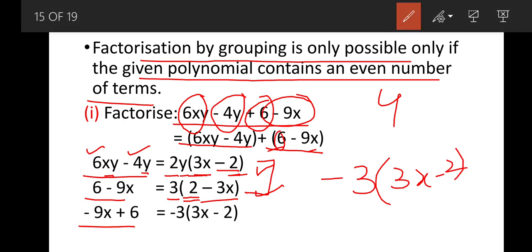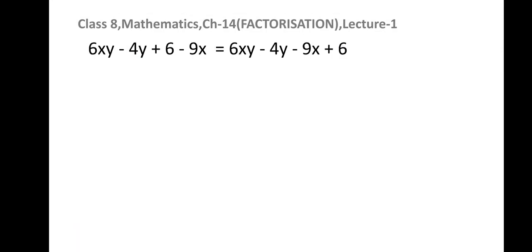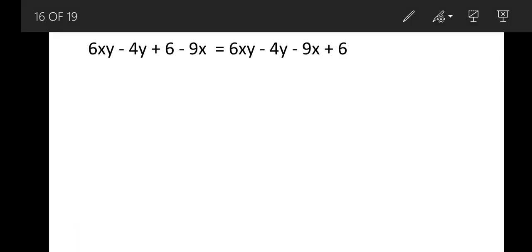There is no difference. So, minus 3 I have written outside the bracket, 3x minus 2, so that this factor is the same in both the groups. So, what I have done now? This grouping I have done. I have rearranged these 2 terms, so I have written accordingly.